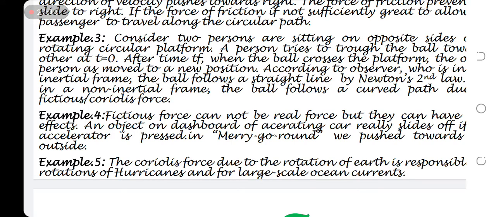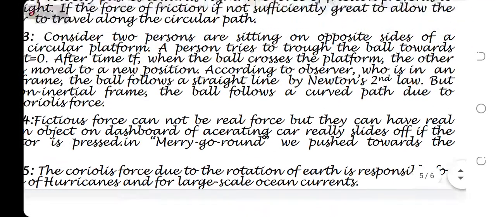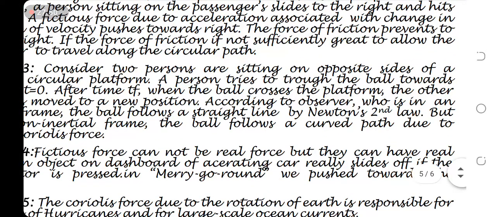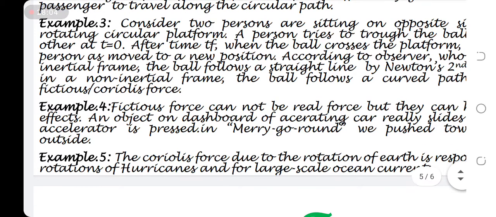We can see the merry-go-round as the main picture of this chapter, a merry-go-round type of swing. We are pushed outward by the acceleration.